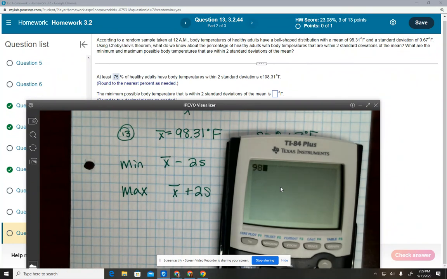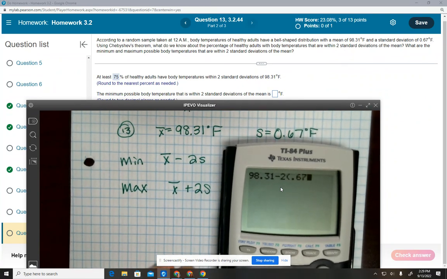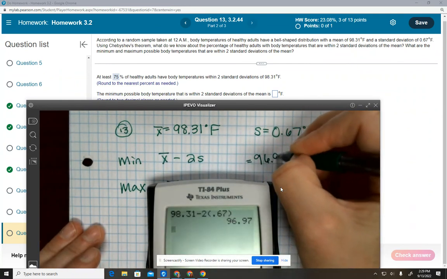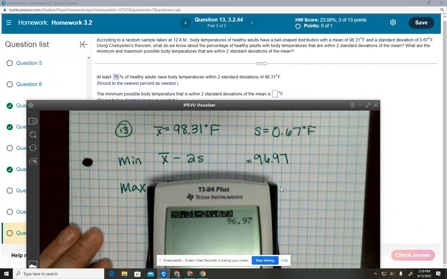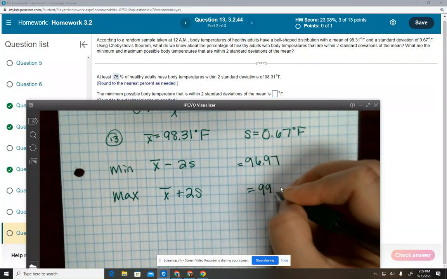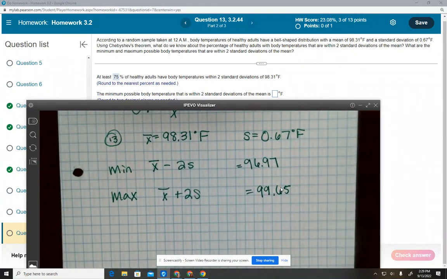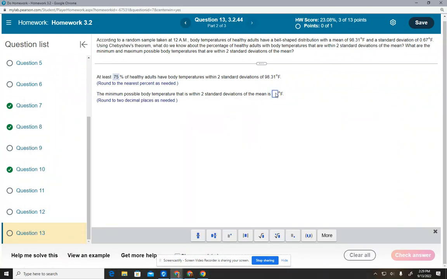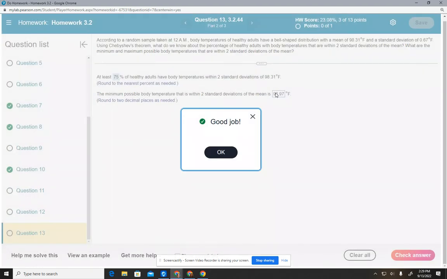So 98.31 minus 2 standard deviations, 96.97, and then we want to add 2 standard deviations to the mean. Okay, so those are the numbers that we're going to put in. 2 decimal places.